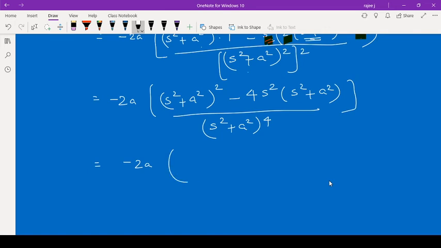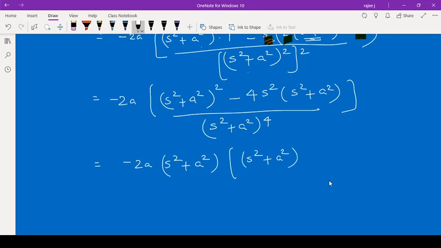that is equal to minus 2a into, now if you look in the numerator here, s square plus a square whole square, here one s square plus a square is there. Okay, so I'll take that one s square plus a square common, so s square plus a square common into here remaining now s square plus a square.